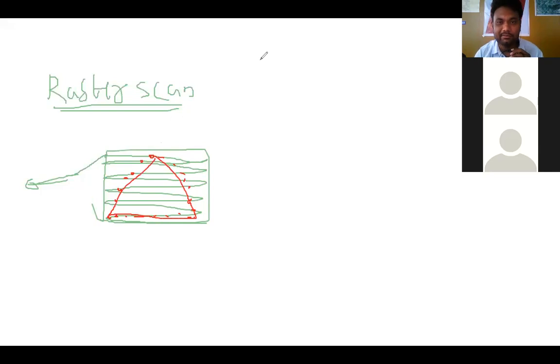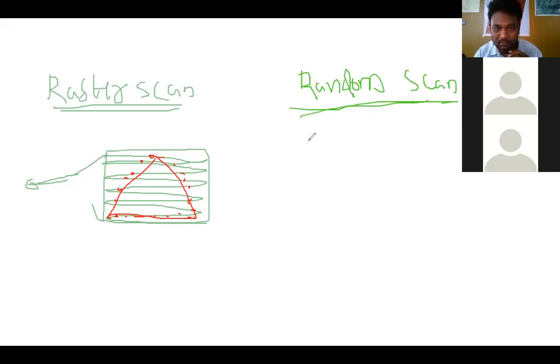Next we will take the random scan display. Assume that this is your monitor, this is your cathode and this is your beam.